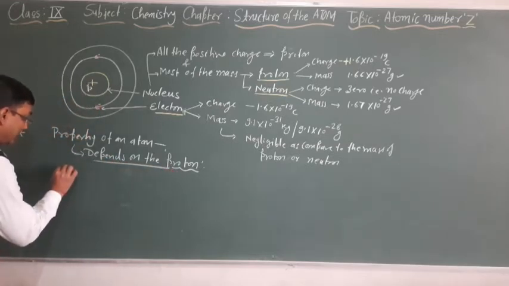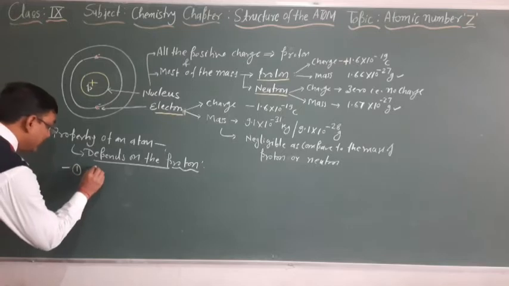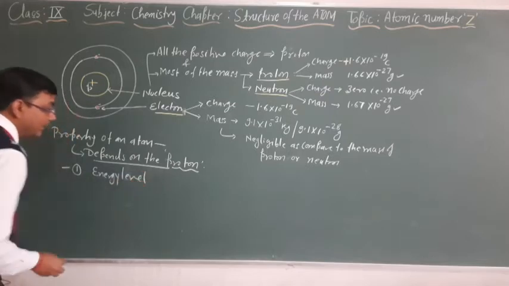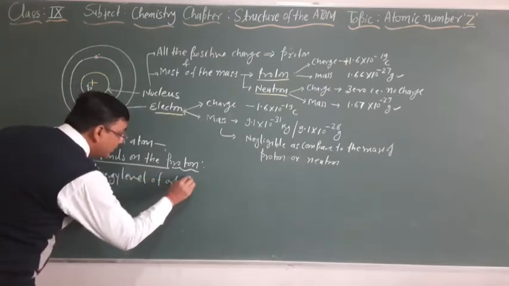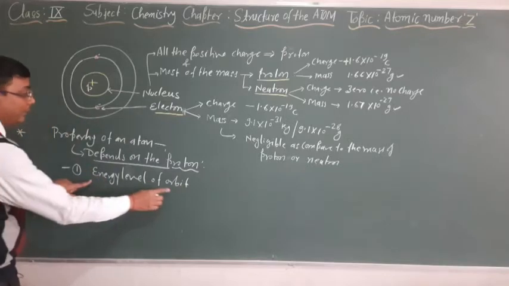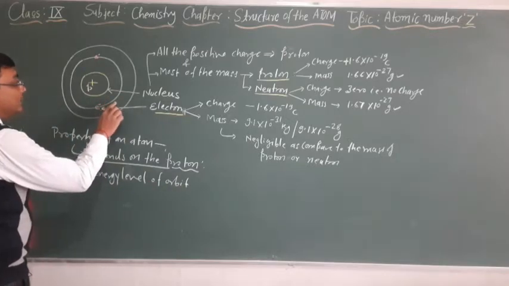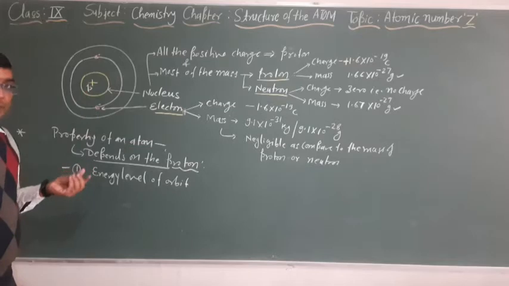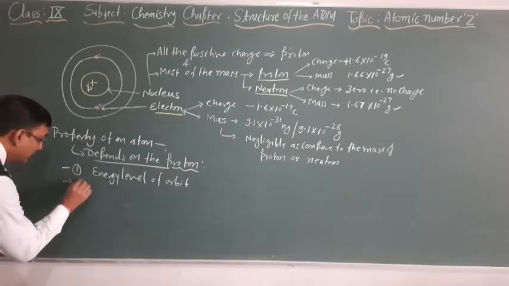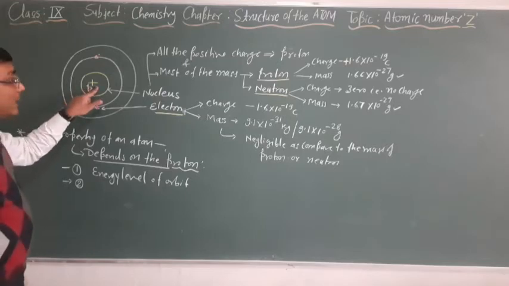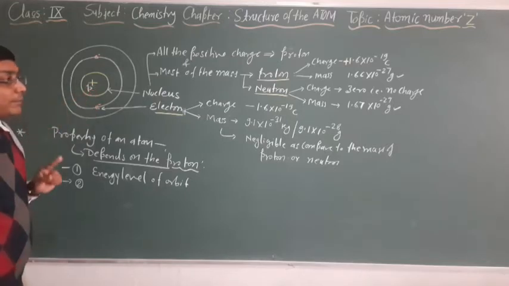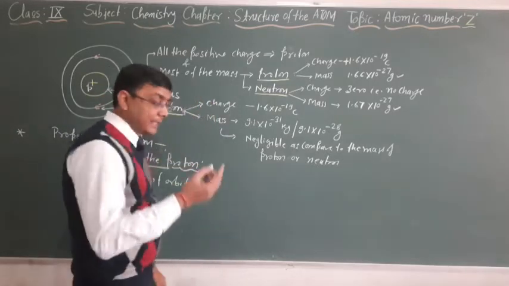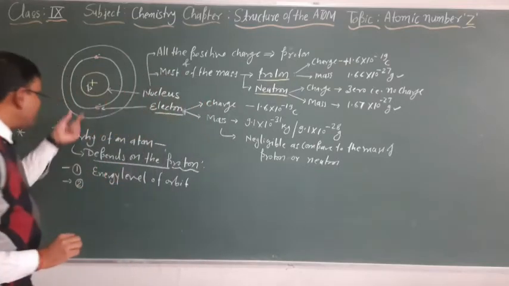Protons basically decide the energy level of the orbit, meaning what energy should be related to a particular orbit. The second point: the number of charges on the proton is equal to the number of charges on the electron, in opposite sign.